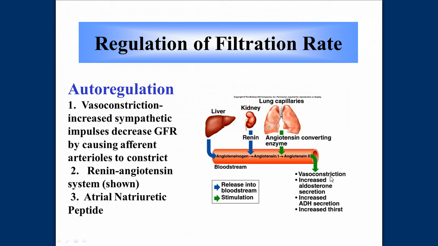And then when that gets back to the kidneys, it's going to cause all these things. Okay, vasoconstriction, which is going to decrease the hydrostatic pressure, decrease the GFR, or the glomerular filtration rate.